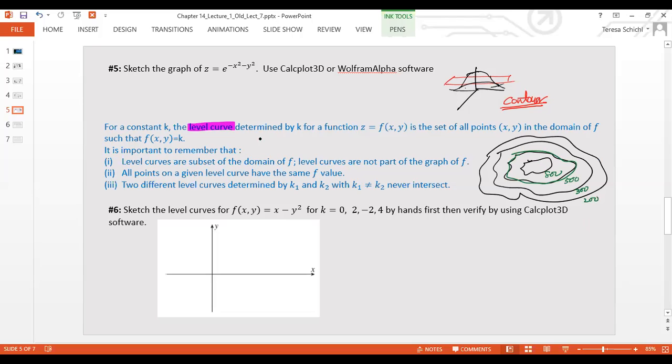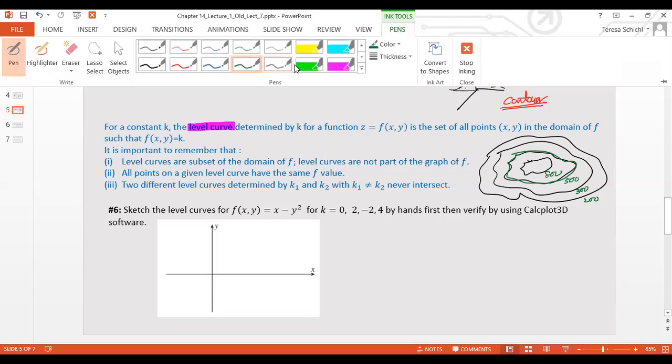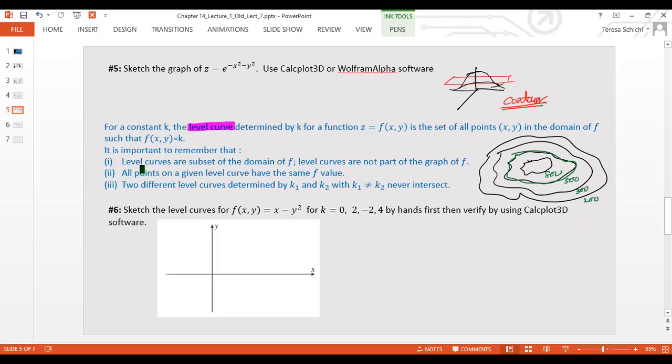So let's make sure we know what we talk about. We said the level curve is a subset of the domain of f. The level curve is not a part of the graph. The graph is the solid, the 3D surface here, right? All the points on a level curve have the same f value. If you are in this contour plot, that means when you walk on this one, you're all walking at the 800 feet level.